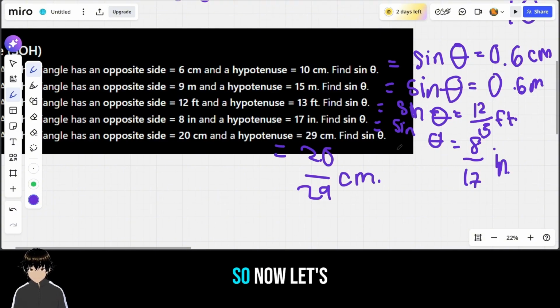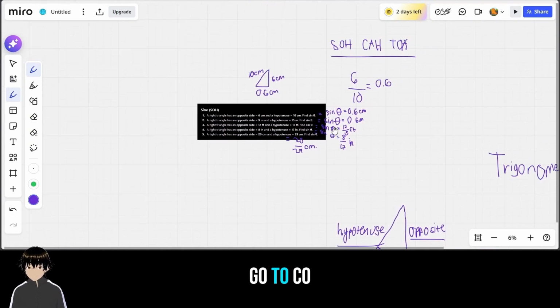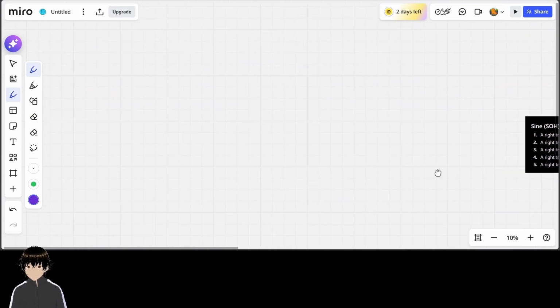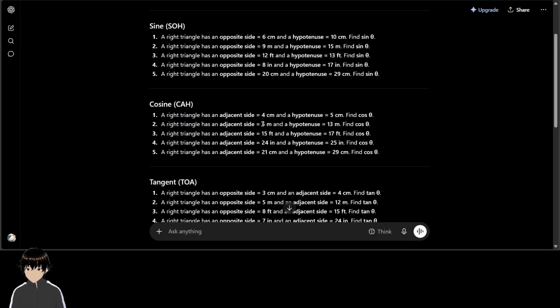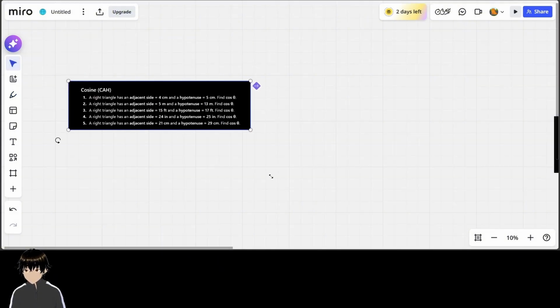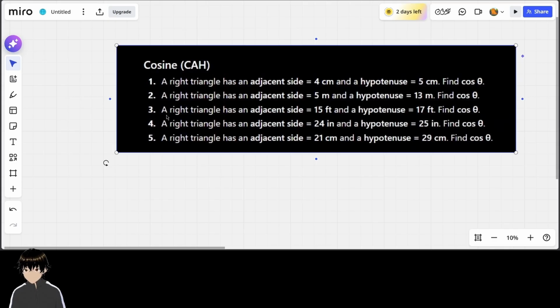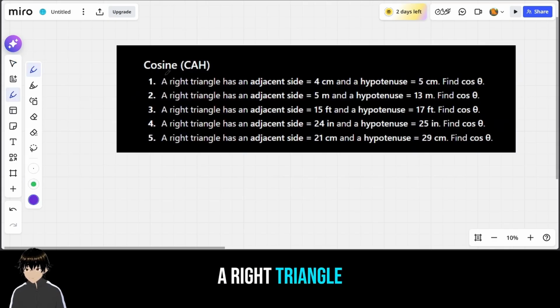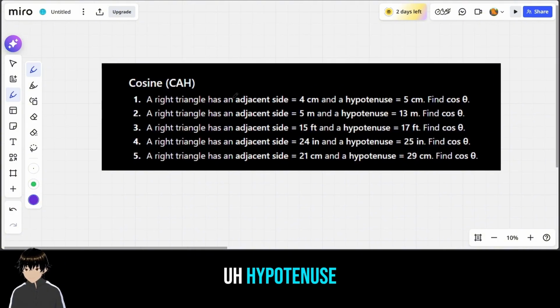Pretty easy, right? So now let's go to cosines. A right triangle has an adjacent side of 4 centimeters and a hypotenuse of 5 centimeters.